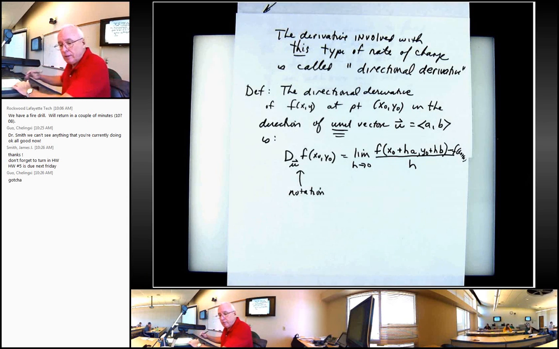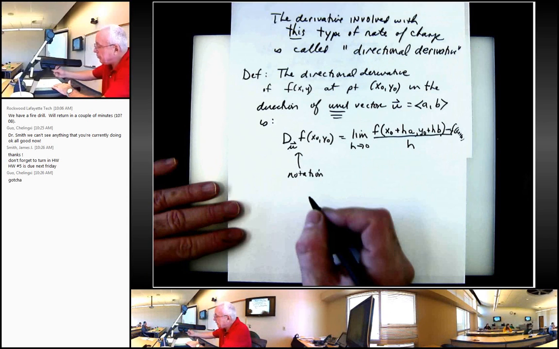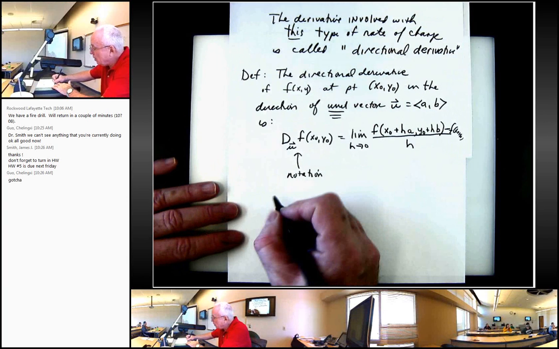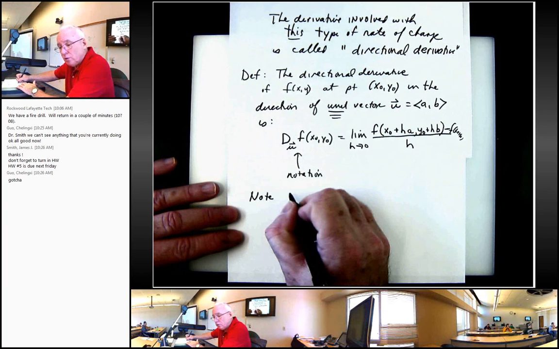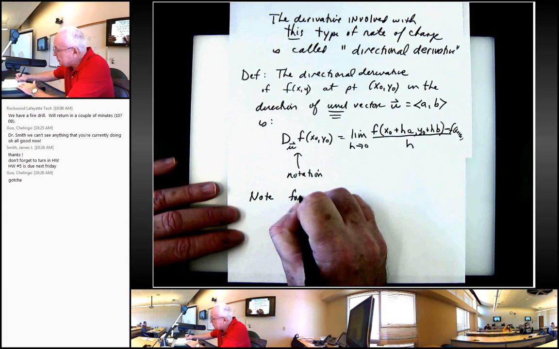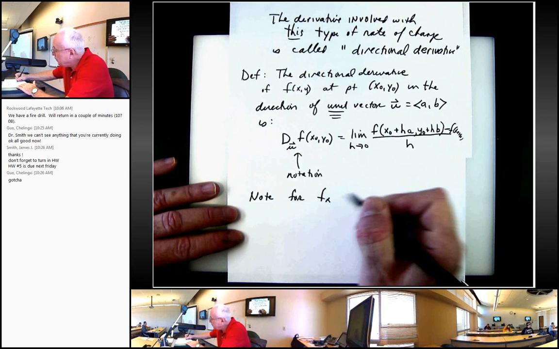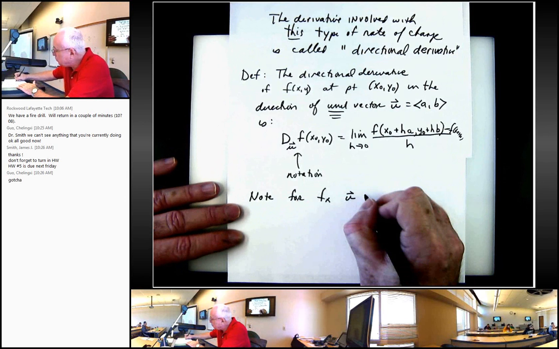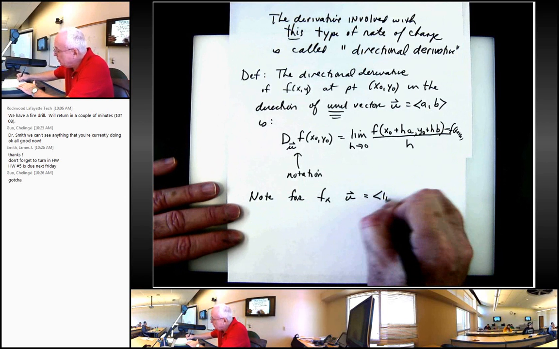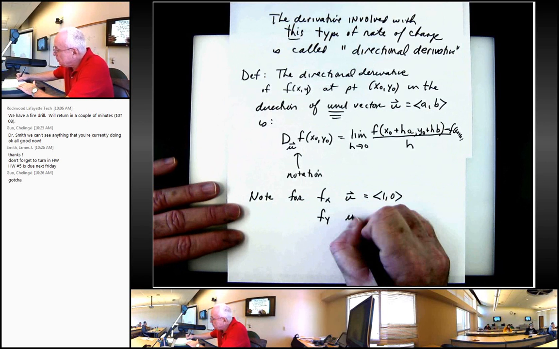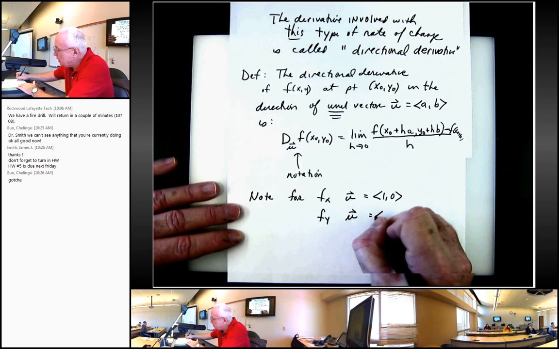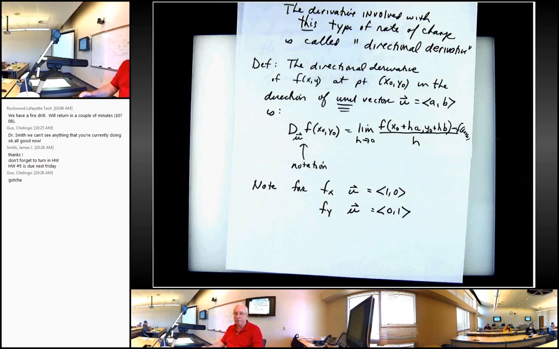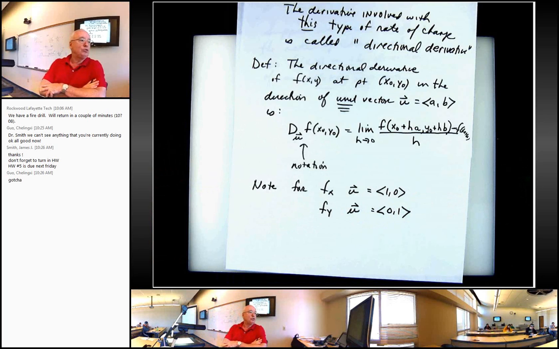Okay. Now, again, I'm going to repeat what I had stated earlier. Note that for f_x, the u vector is equal to (1, 0), and for f_y, the unit vector is (0, 1). Now, the next thing I put here is what you are going to use in order to calculate these directional derivatives.